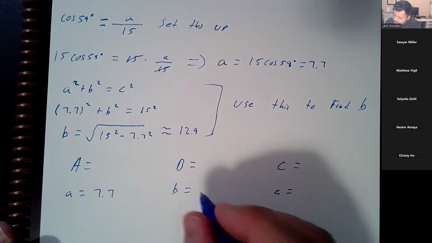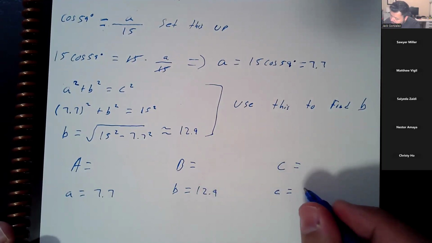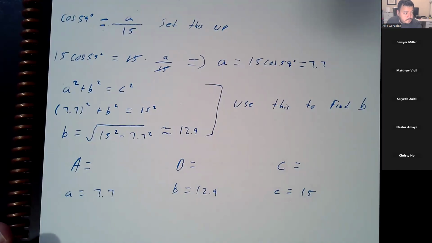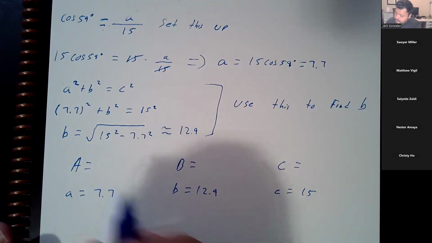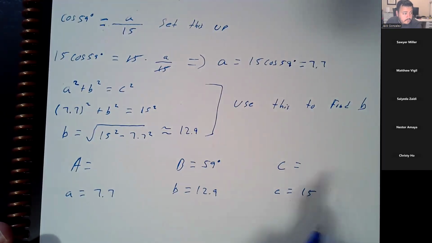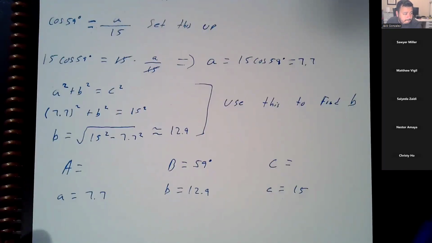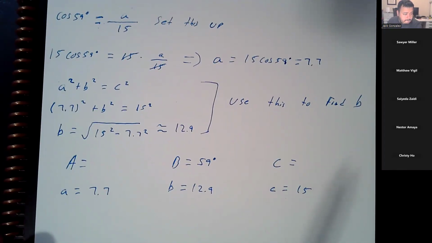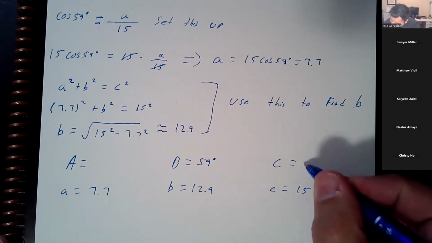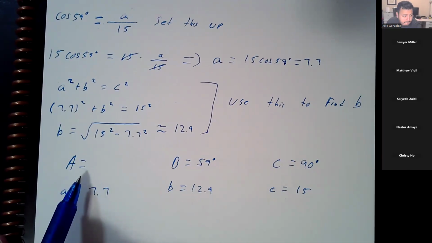So in the exam, I want you to label your sides like this, and then your angles. They gave us B, right? But since it's a right angle, what is angle C? 90. It has to be, right? And if you have two angles, how do you find capital A?